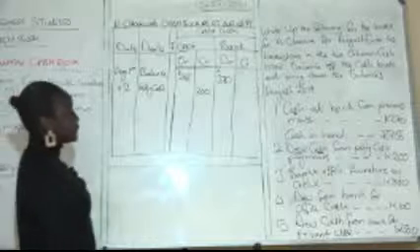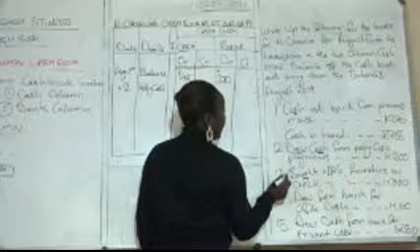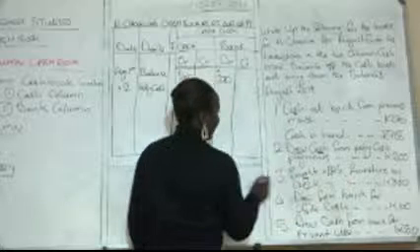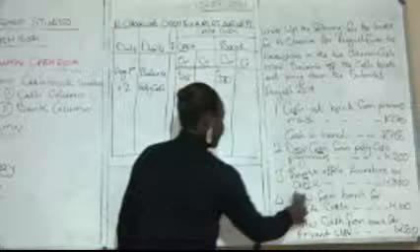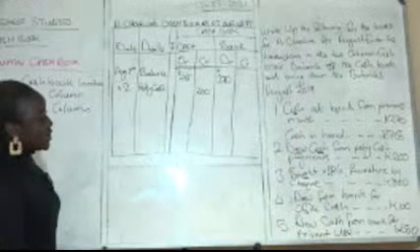Third, bought office furniture by check. There was purchasing of office furniture. Payment was made by check. Sorry for the spelling. So automatically we know that we're dealing with the bank column.